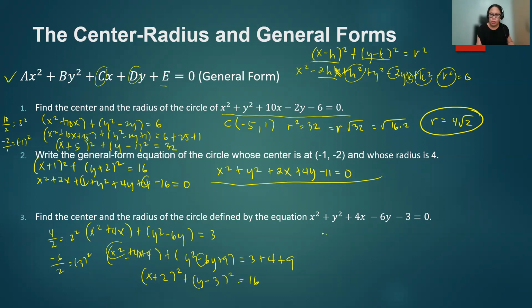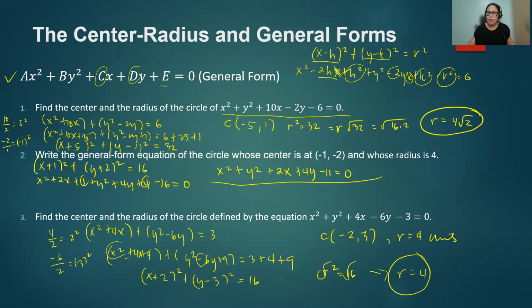So by inspection, the center is located at negative 2, 3, with radius equals 4 units. Because r squared equals 16, extracting the square root, we get r equals 4.